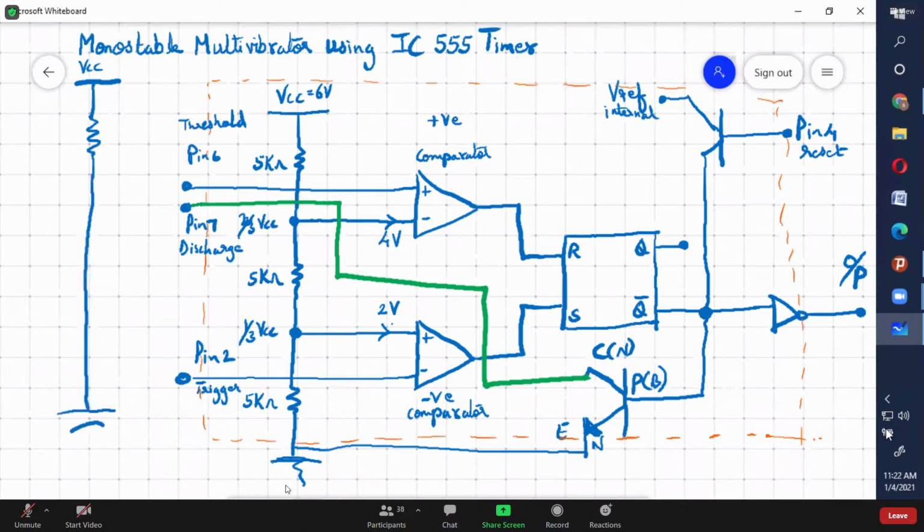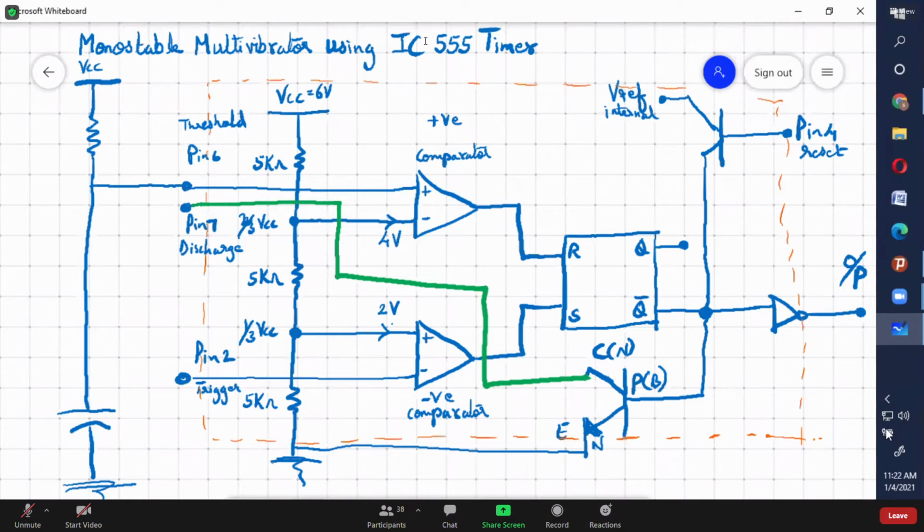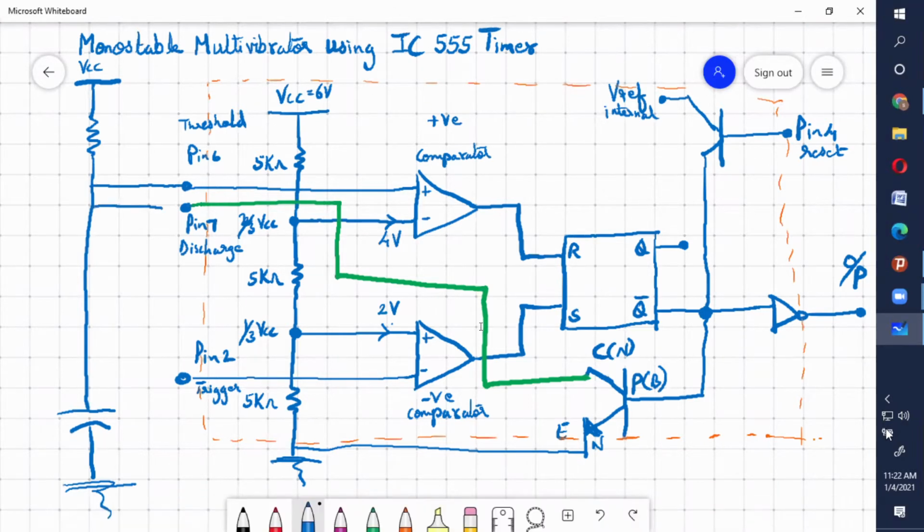It is R1 and R2 and C. Totally two resistances and one capacitance were there for astable. For monostable, there is only one resistance which is called R. The other one is called C, capacitance.